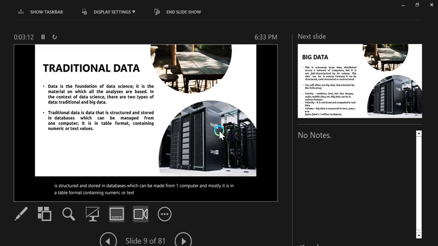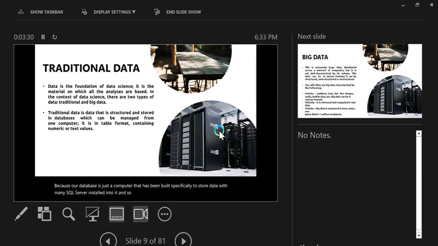So this is an example of a database that you can see there. A database is just a computer that has been built specifically to store data, with maybe SQL Server installed on it and so on.